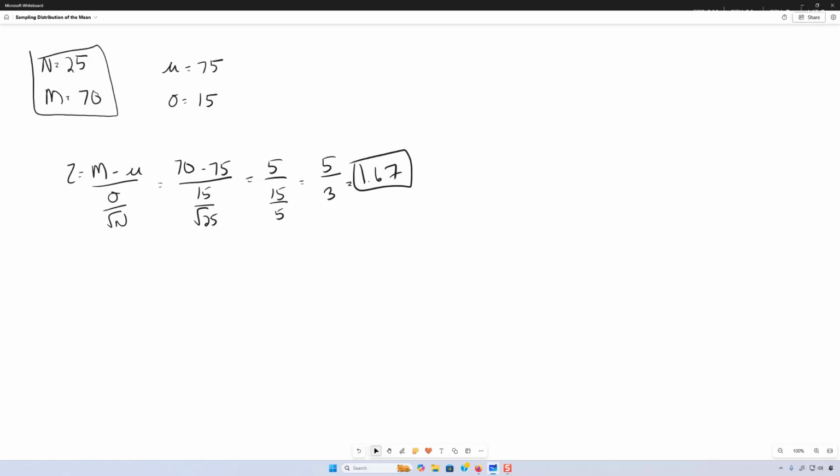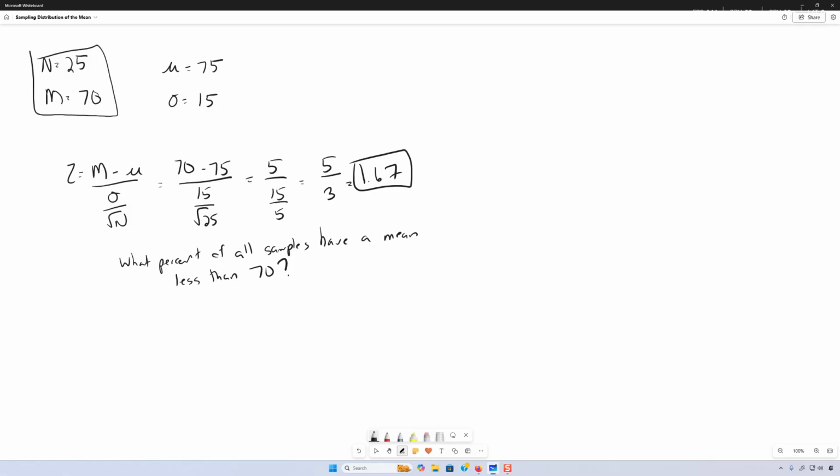So that's my z-score, and I want to see what percent of all samples have a mean less than 70.